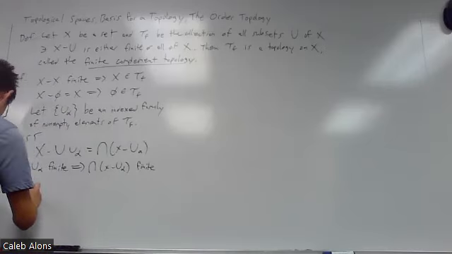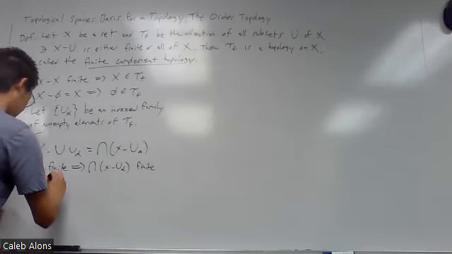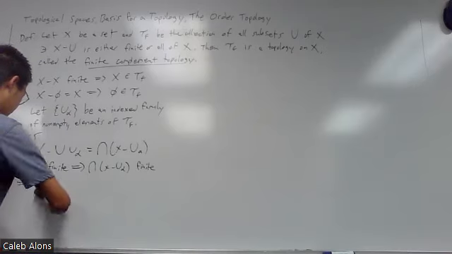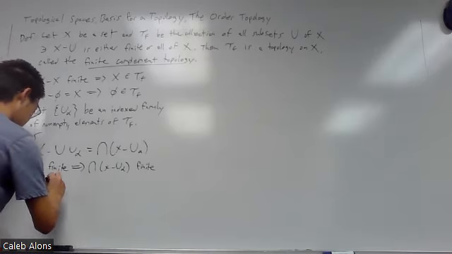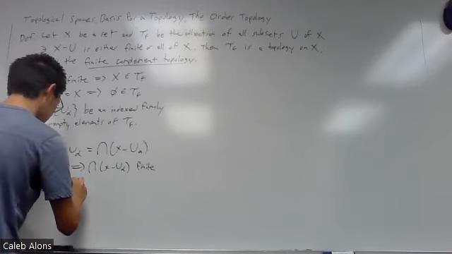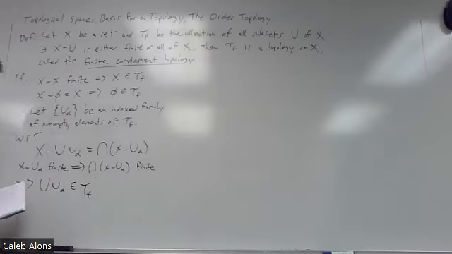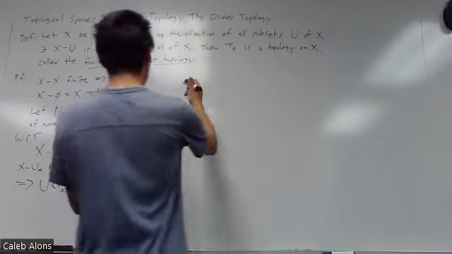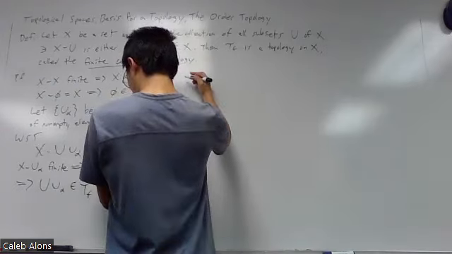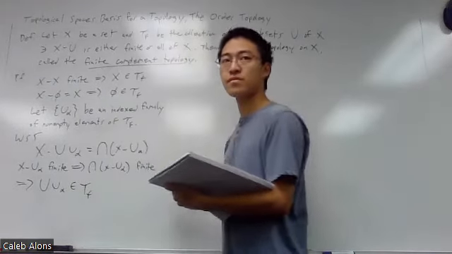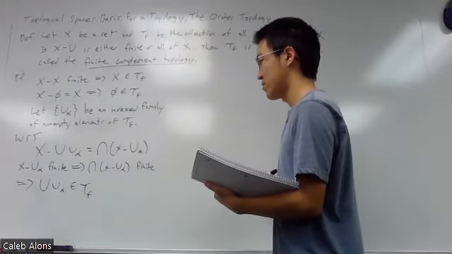And so we have that arbitrary unions will be in our topology. So now we just need to show finite intersections are in it. Unless all of them are equal to X, right?